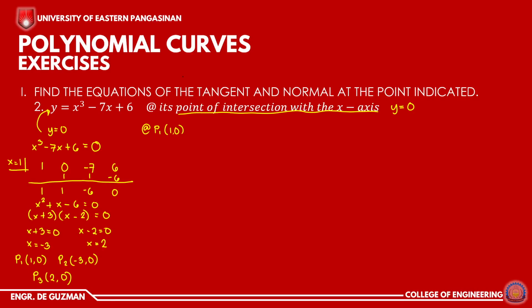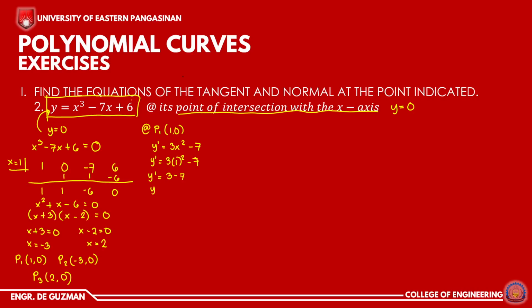So, derive natin yung given equation kanina, which is ito. So, kapag dinerive natin to, magiging y prime is equals to 3x squared minus 7. So, y prime is equals to 3 times 1 raised to 2 minus 7. Y prime is 3 minus 7.